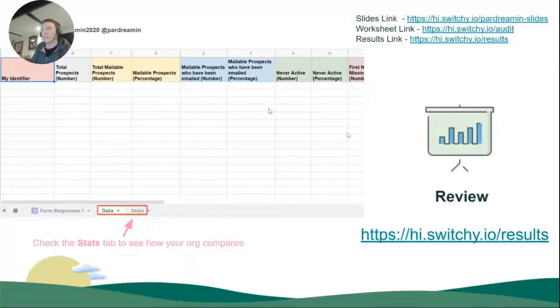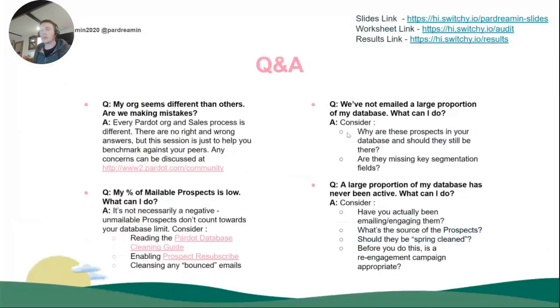Just to jump back to the slides now that a few of you have started to submit. So there's a few questions and answers that I can foresee here. So first question is, my org seems very different than others. Are we making mistakes? Are we doing something wrong? The answer is absolutely not, because every sales and marketing process is different. Every part of org is different.